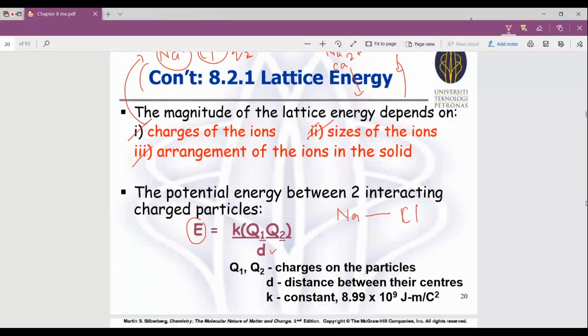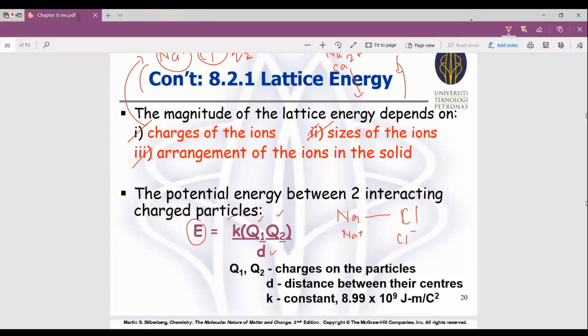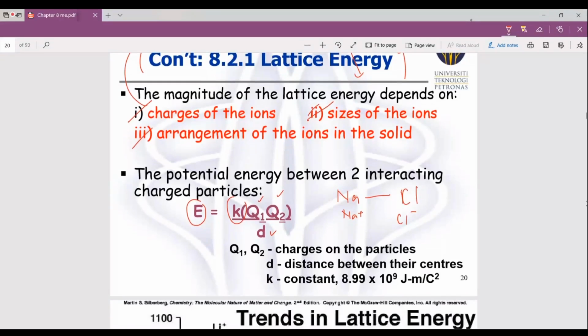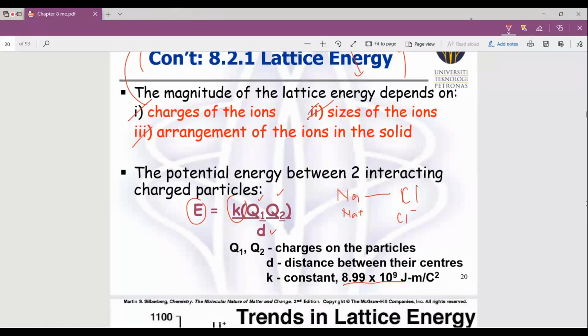Q1 and Q2 depend on charge. Na plus is 1, Cl minus is 1, so Q1 and Q2 are 1 and 1. And K is a constant, the Coulomb constant or electric force constant. The value is 8.99 times 10 to the 9 joule meter per coulomb squared. This is a constant.